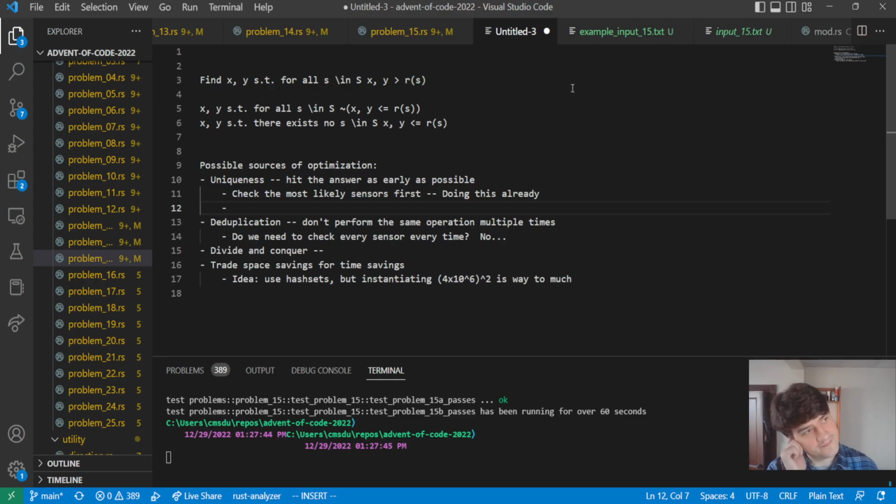Here's an idea. We know that it's unique. And so it has to be on the boundary of at least one circle.